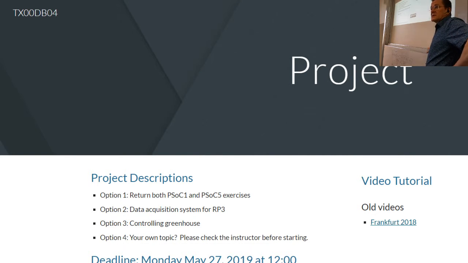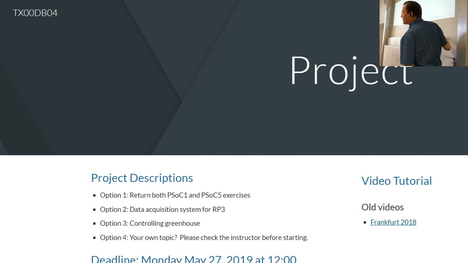Okay, any questions about the project? A short description of the project, what you are going to do. A few pages, usually with enough information so that your fellow students here can replicate whatever you did.